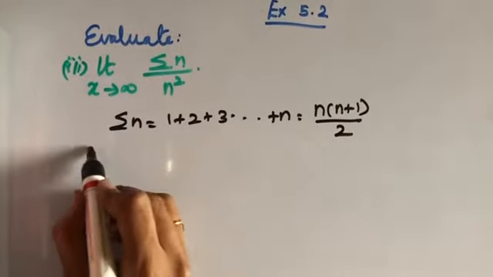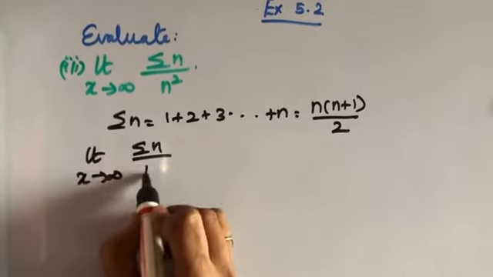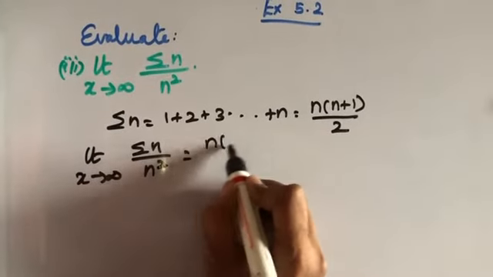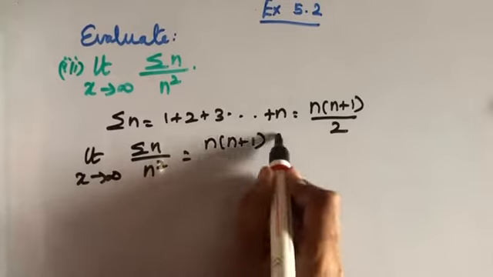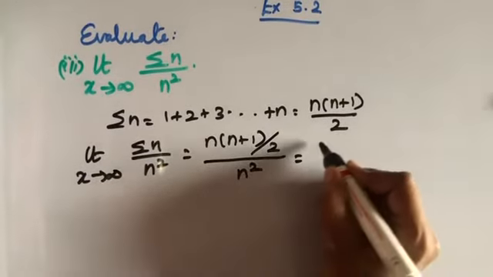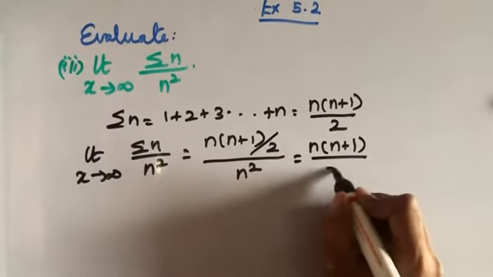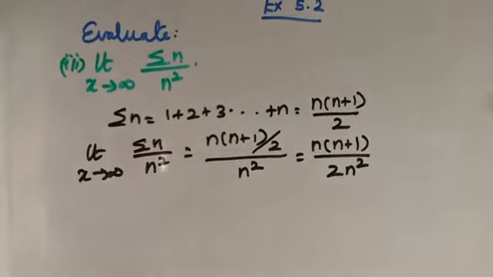So, here limit x tends to infinity, sigma n by n square is equal to n into n plus 1 by 2 divided by n square, that is equal to n into n plus 1 by 2n square.